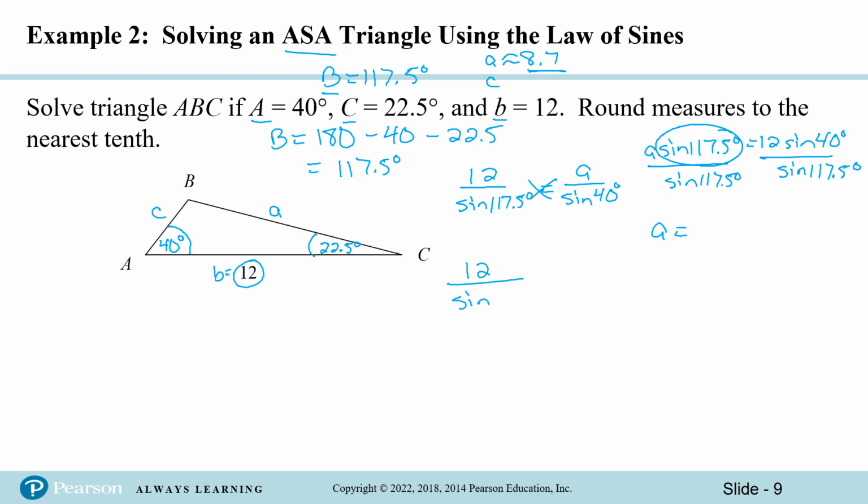Like I said, anytime something is rounded, it just introduces errors which get compounded. So we're trying to find C, sine of C, and cross multiply.